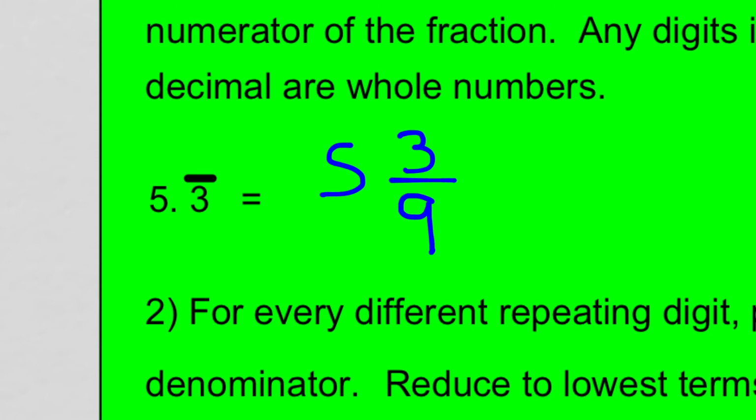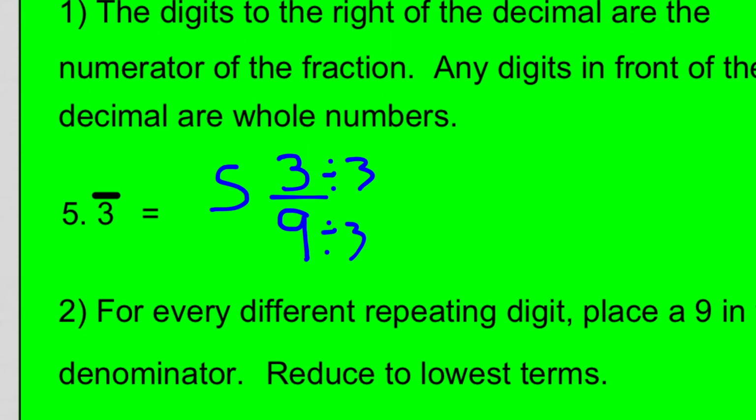If you remember before the break, we were looking at all these repeating decimals that have patterns of 9. To put it in lowest terms, divide the numerator and denominator by 3, and you get 5 and 1/3.